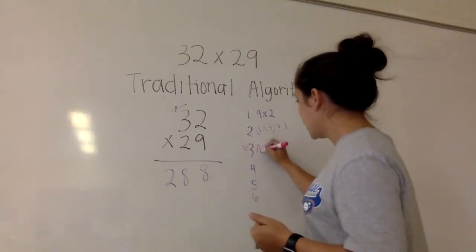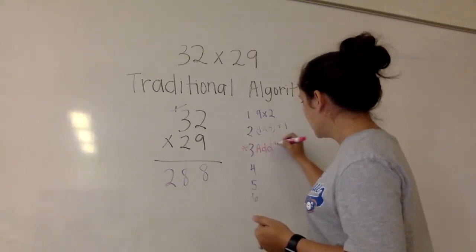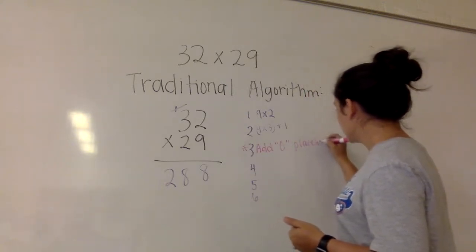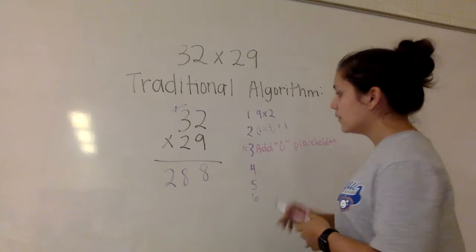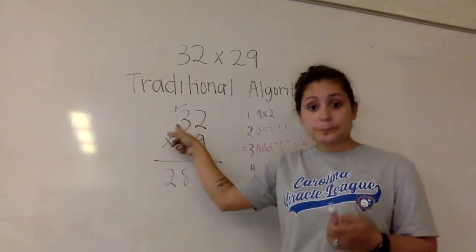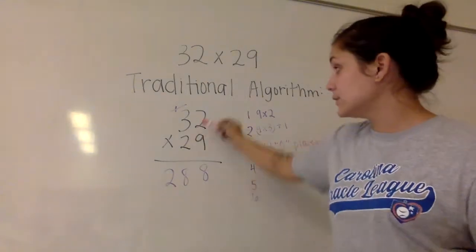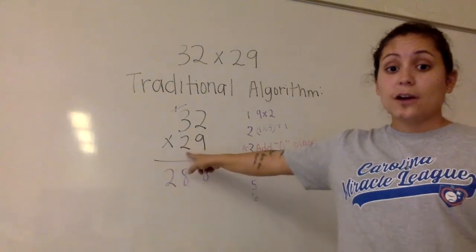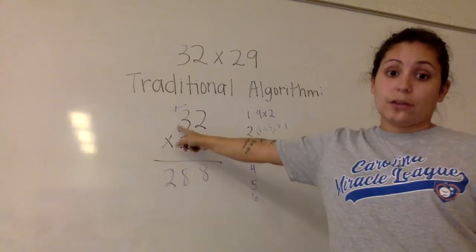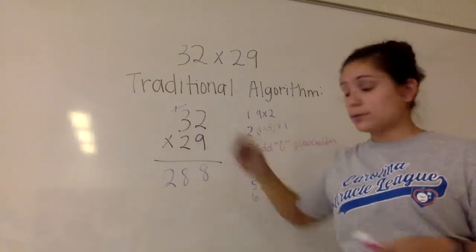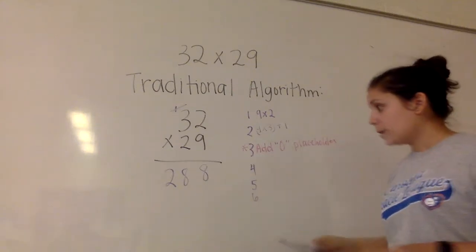And that's going to be add your 0 placeholder. So just explain to them that this 2 and this 3, they don't represent 2 and 3. Without this 2 and this 9, these are 20 and 30. 32, 29. So if these numbers weren't here, they would be zeros. So you got to add a placeholder.